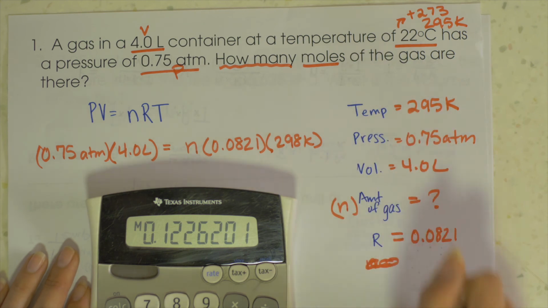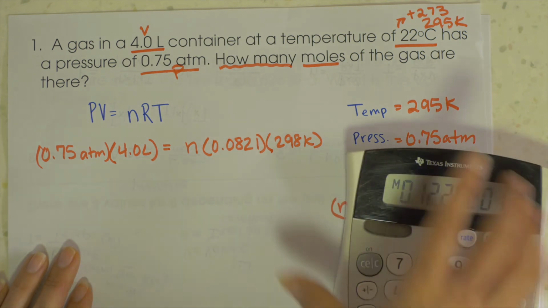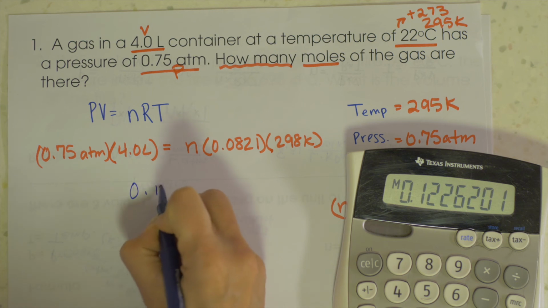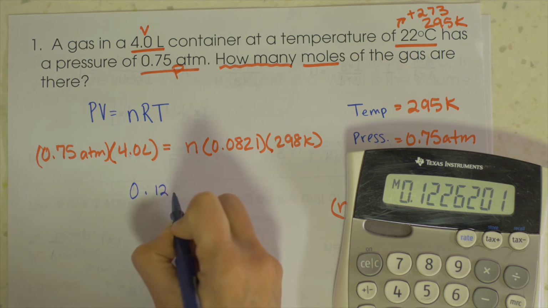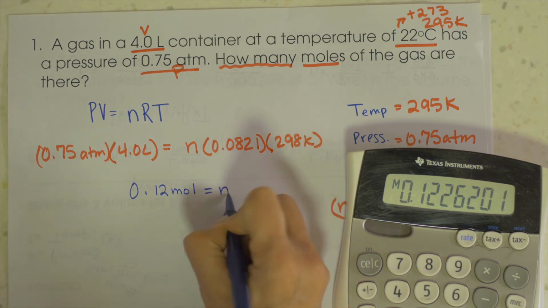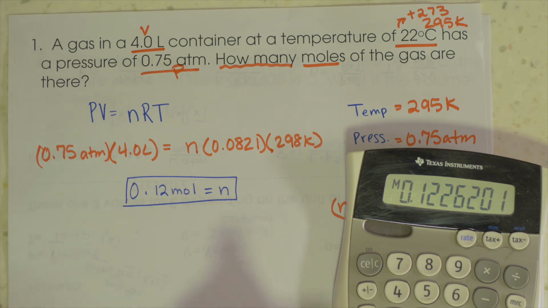Looks like 2 sig figs throughout here, so just need to round it. 2 sig figs, 0.12. So once I've done that, 0.12, and your unit here is moles. Remember the abbreviation for moles is MOL, and that is N. And there's the final answer.